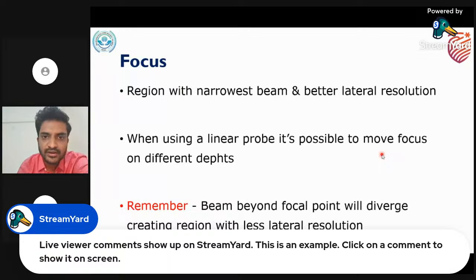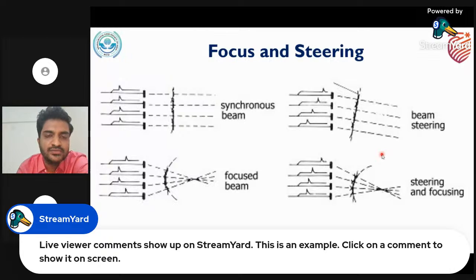It narrows when the beam is converging, and it can diverge when the beam is diverging. So remember, the beam beyond a focal point will always diverge. That will cause less lateral resolution, so you won't be able to see points further away beyond the focus point, because the lateral resolution is less. This is what I mean to say.